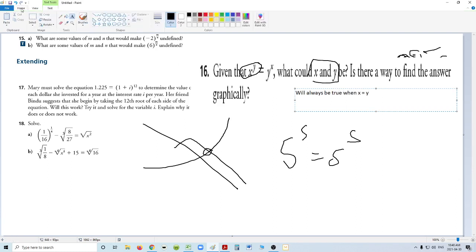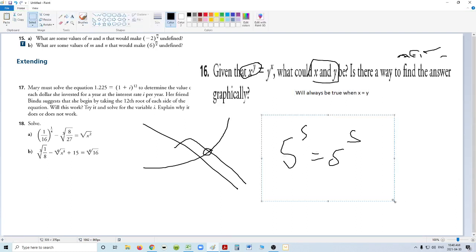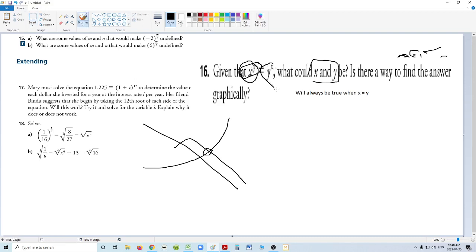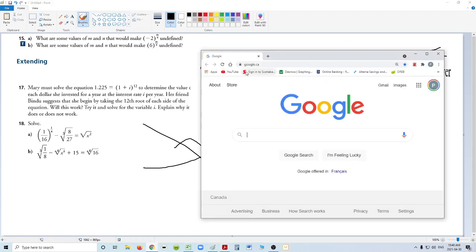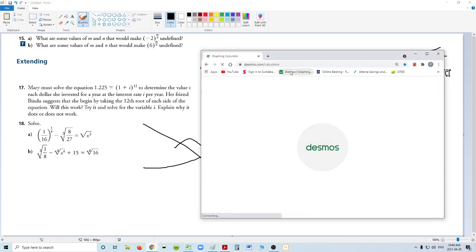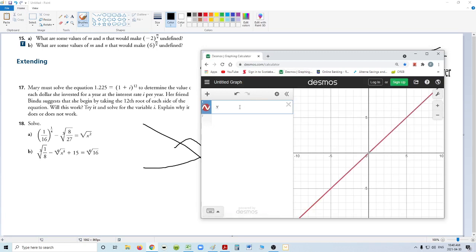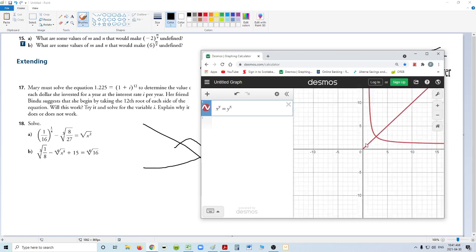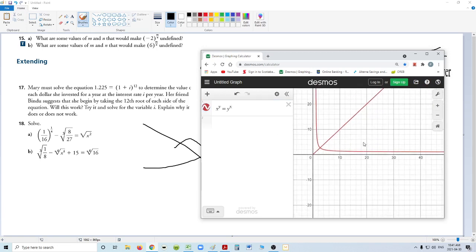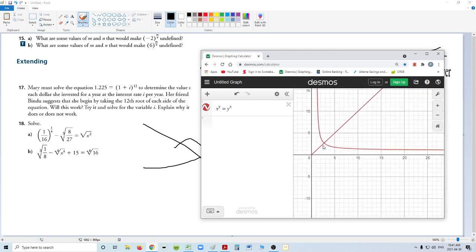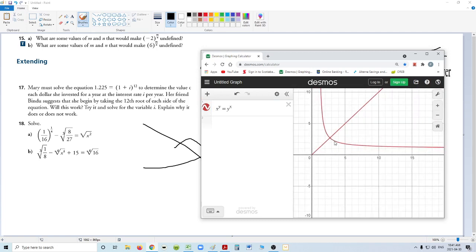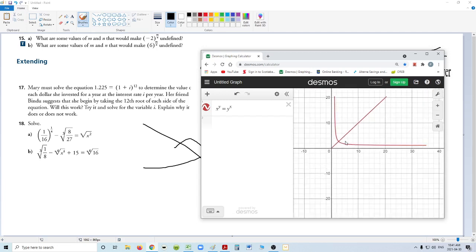Graphically, is there a way to find it graphically? I mean, I don't know if Desmos could handle that. Look how crazy that is.